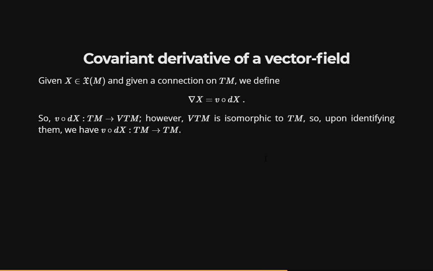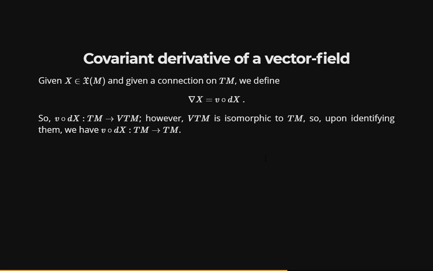Now, the vertical distribution can be made isomorphic to the tangent of M. The vertical distribution splits, and one factor is isomorphic to the tangent of M. So upon this identification, we have a map that goes from the tangent of M to the tangent of M.